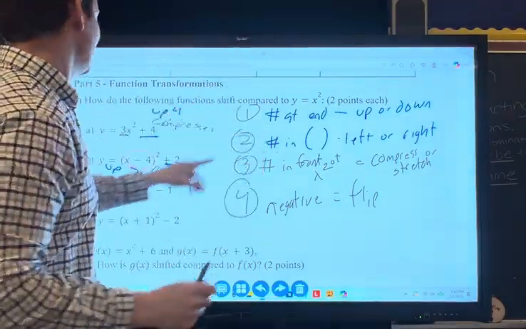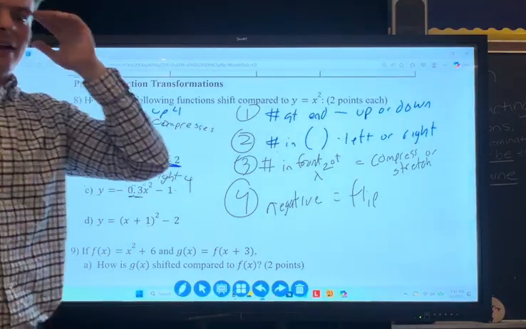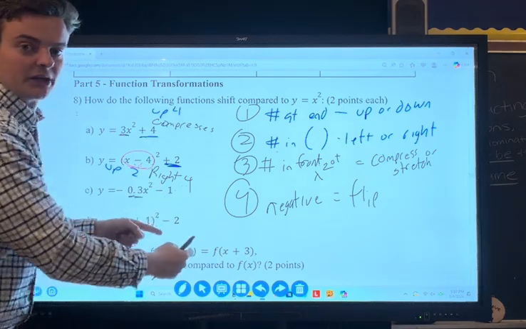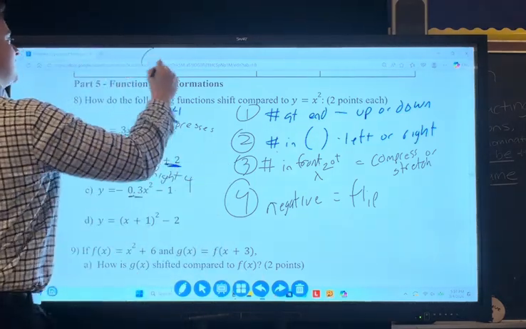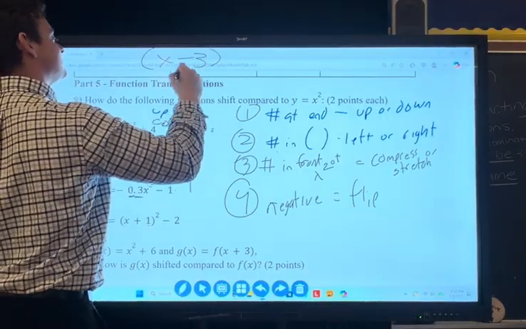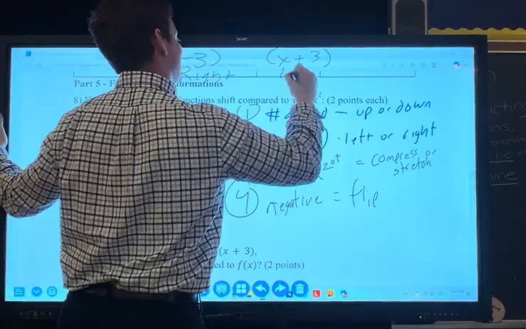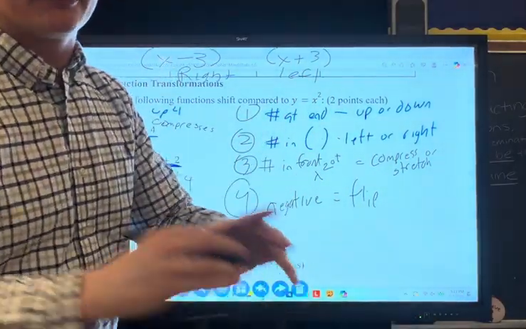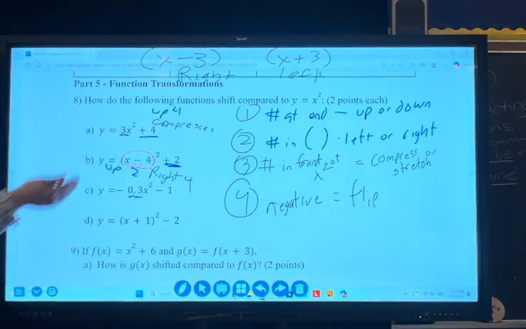Instead of x minus 4, think of it as positive 4, because it's the opposite, and that's why it's right 4. If that doesn't make sense, you can also just memorize the rules. X minus 3, that's right. X plus 3, that's left. Plus means left, minus means right, if it's in parentheses. That's all for letter B.